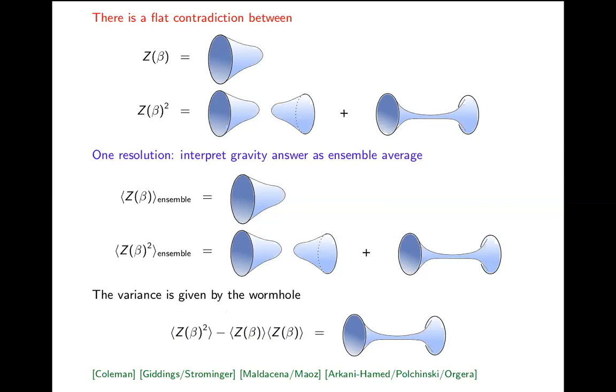You have to understand what's going on with the ensemble, but we're not completely off base. These wormholes give the right contribution to something that's supposed to be a thermal partition function, not an S matrix. They're in the right ballpark. Okay, let me try to convince you of that in a couple of slides.